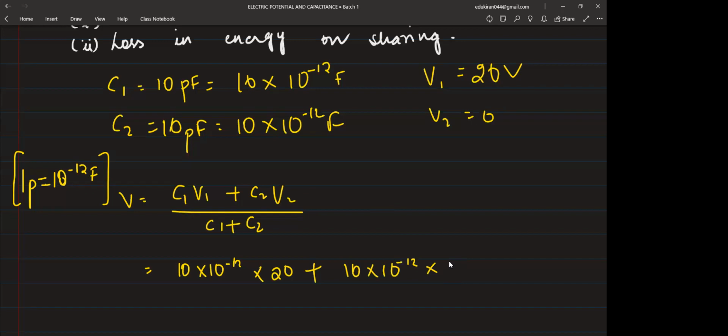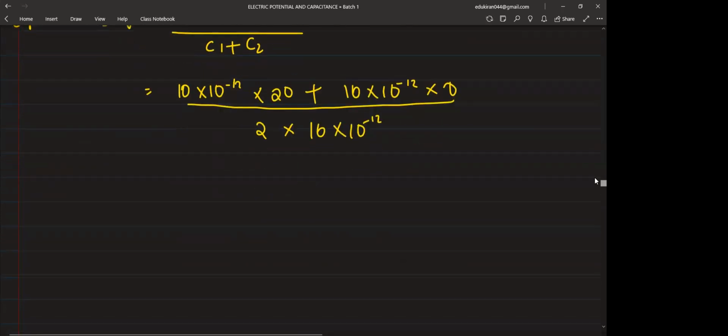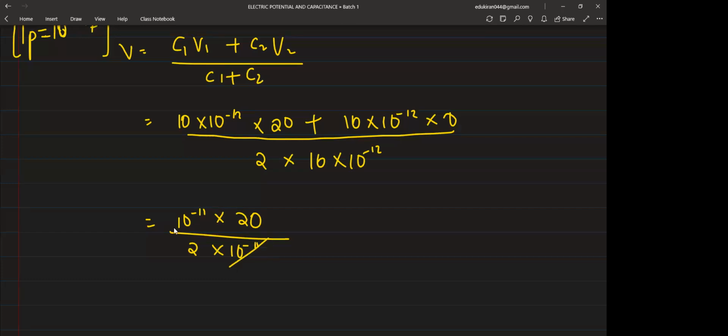Voltage is 0, so this term becomes 0, divided by 2 into 10 into 10 to the power minus 12. This is 10 to the power minus 11 into 2, so 20 by 2 into 10 to the power minus 11. This gets cancelled. This is equal to 10. This is the common potential.